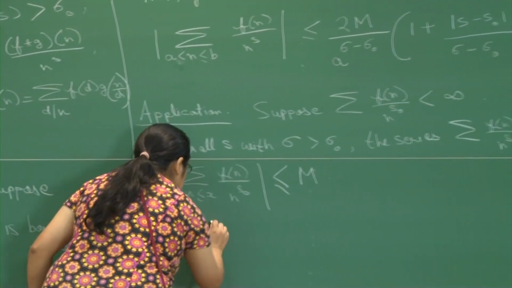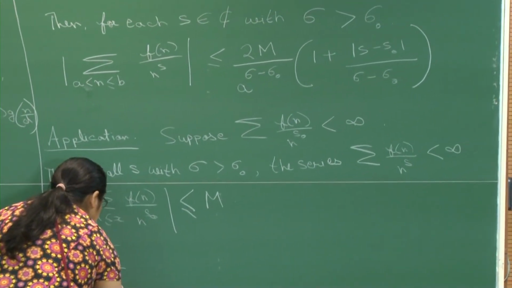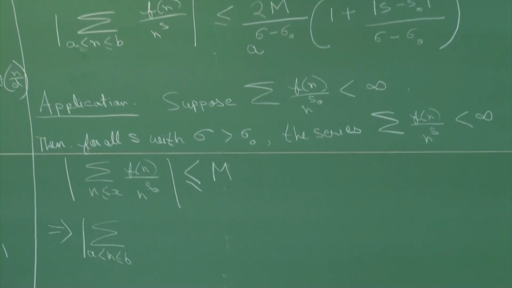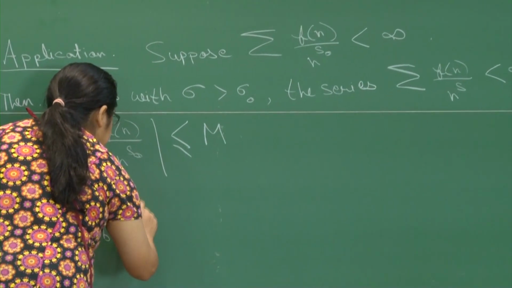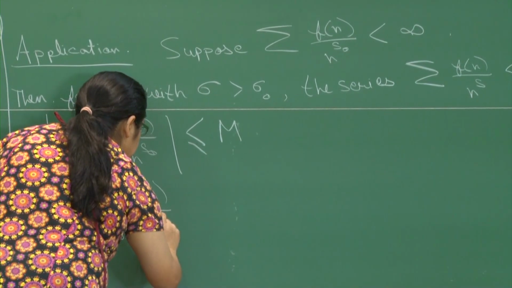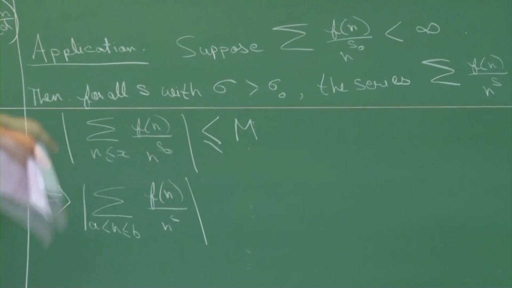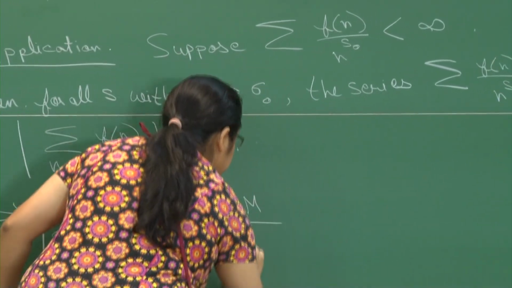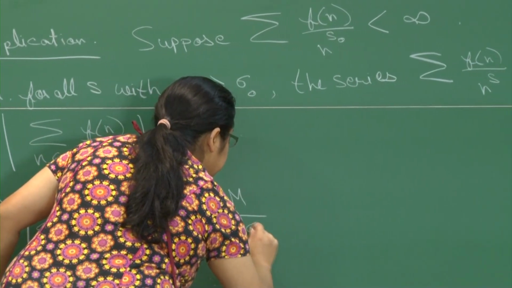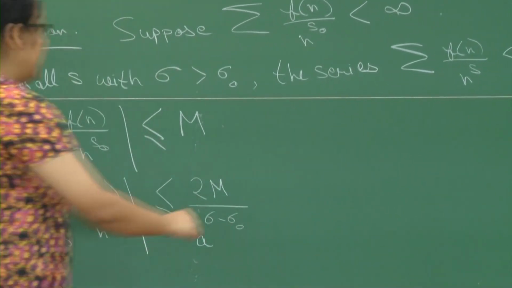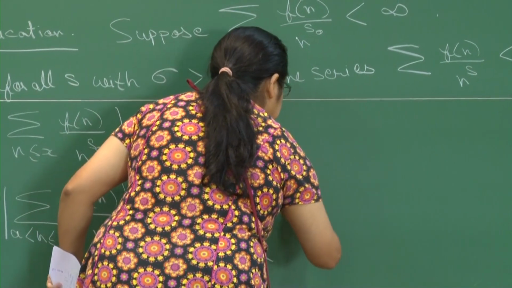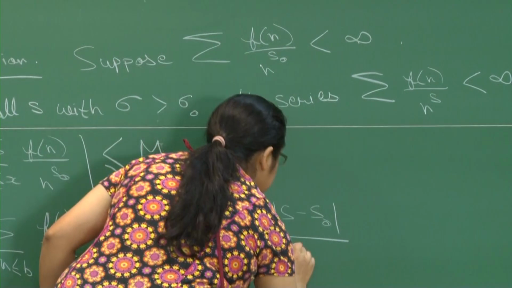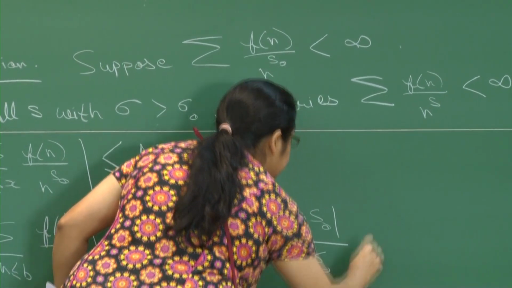the sum f of n over n to the s is less than or equal to 2m over a raised to the sigma minus sigma 0 times 1 plus over sigma minus sigma 0.